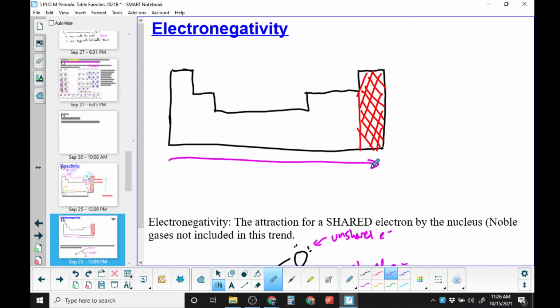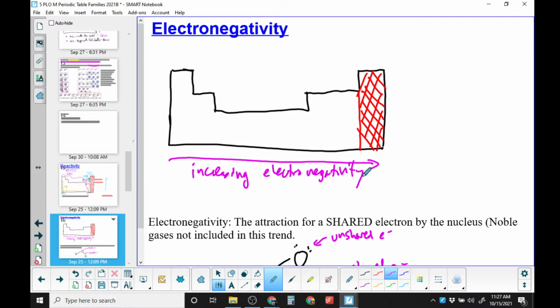Is that increasing or decreasing electronegativity? Increasing electronegativity.